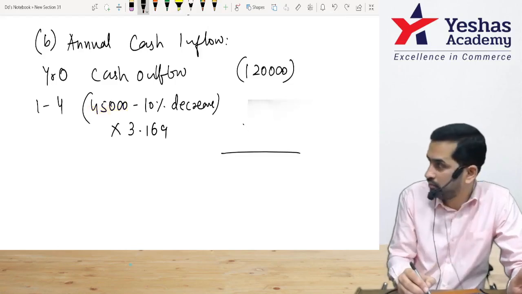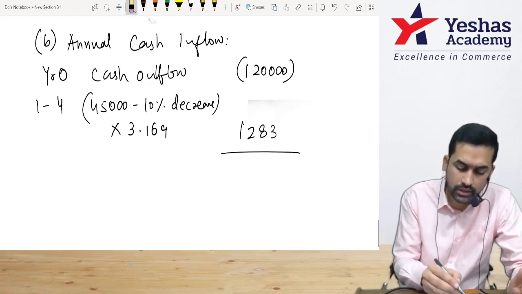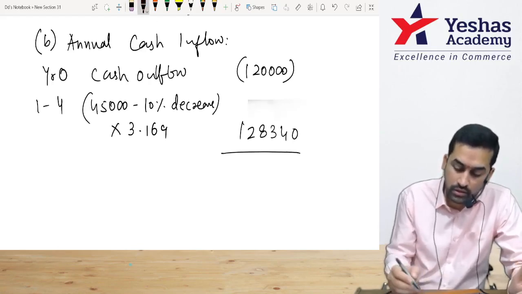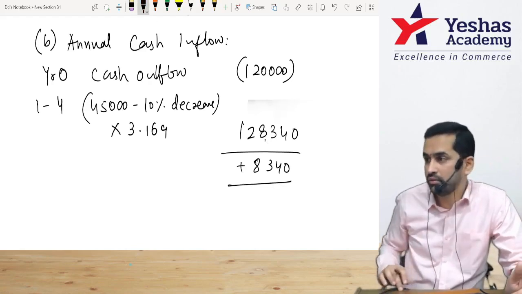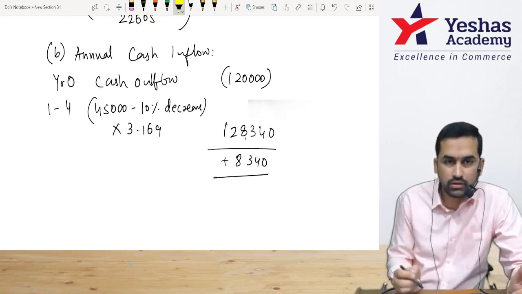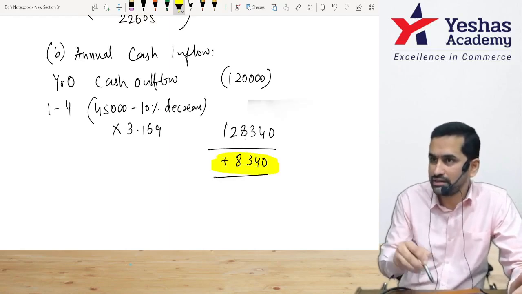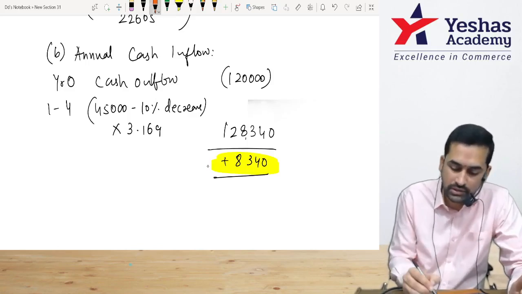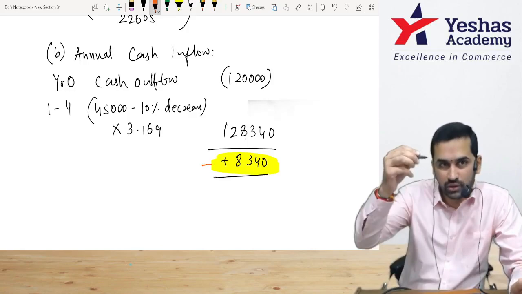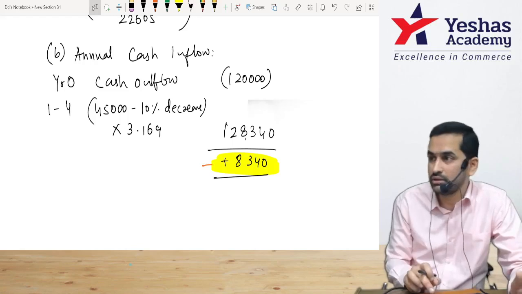Anybody got this number? 370? That's okay. I'm taking 340. 8340, positive. One second, I have a small doubt here. Can this number be negative? Not in this particular case. Imagine if this is negative 8,340. Then when you work out the decrease, you have to count 22,605 plus 8,340.